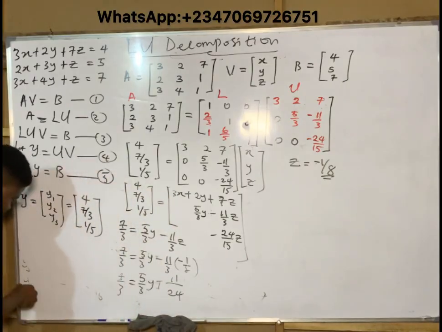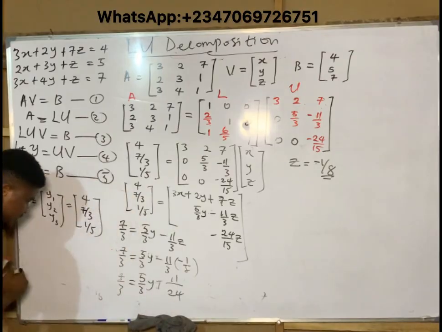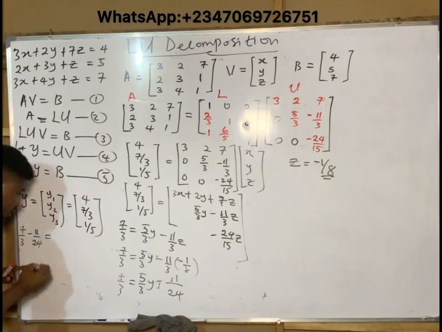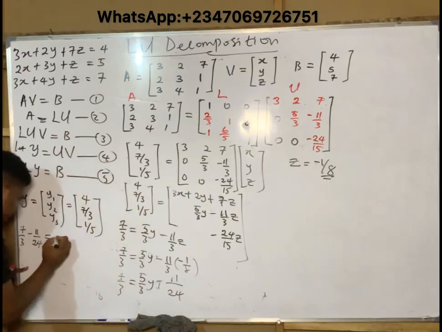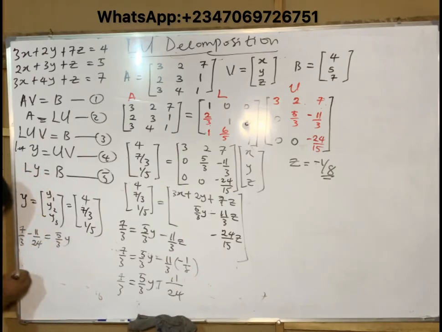So simply send 11 over 24 over to this side. So I have 7 over 3 minus 11 over 24 equal to 5 over 3y. Okay, the LCM here is 24. 24 goes into 3 is 8. 8 times 7 is 56.